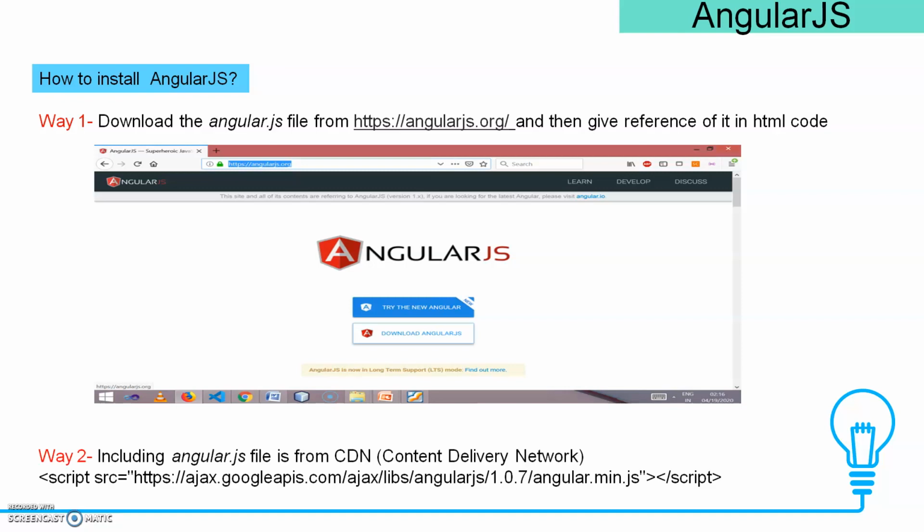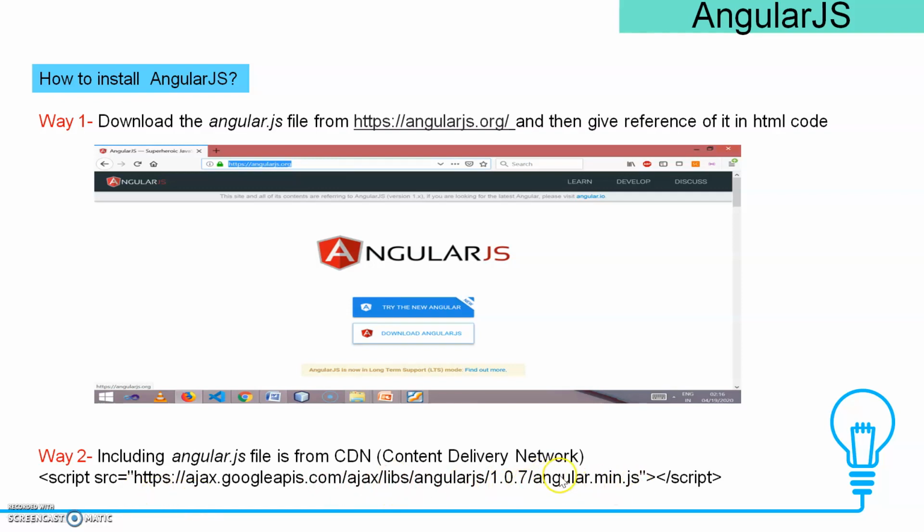Second way is you can include the AngularJS file from the CDN, Content Delivery Network. It means you need not download it. You can use the online reference of that AngularJS file. For that you just have to include this script line, script source is https ajax.googleapis.com ajax libs AngularJS, the version, and then angular.min.js.